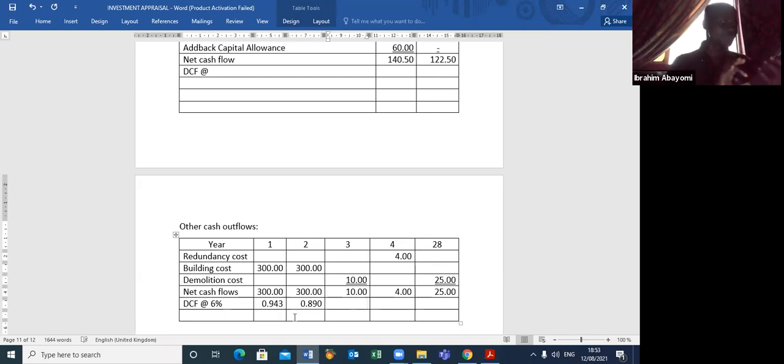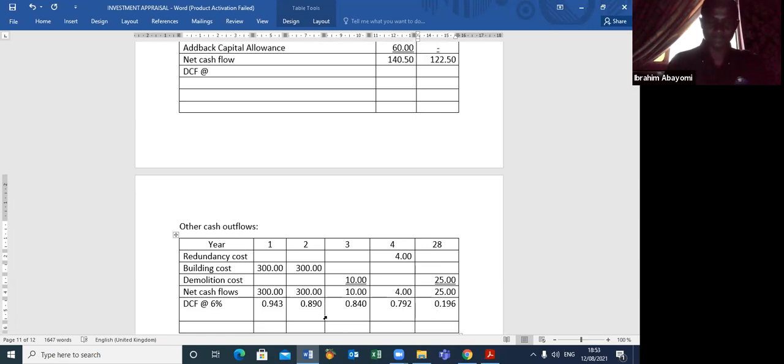Raised to power 3 is 0.840. Raised to power 4 is 0.792. And this is raised to power 28, that is 0.196. Don't forget, all these are costs.